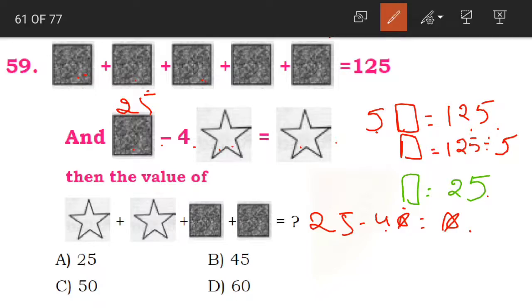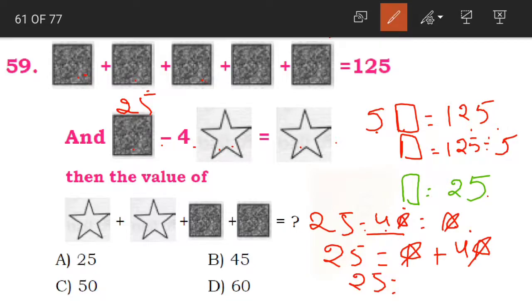Now 25, let us keep it as it is. Now here we are having star already. This minus 4 star, we will take that to the opposite side. Minus becomes what? Plus. Now 4 star plus 1 star, 5. 25 is equal to 5 star.